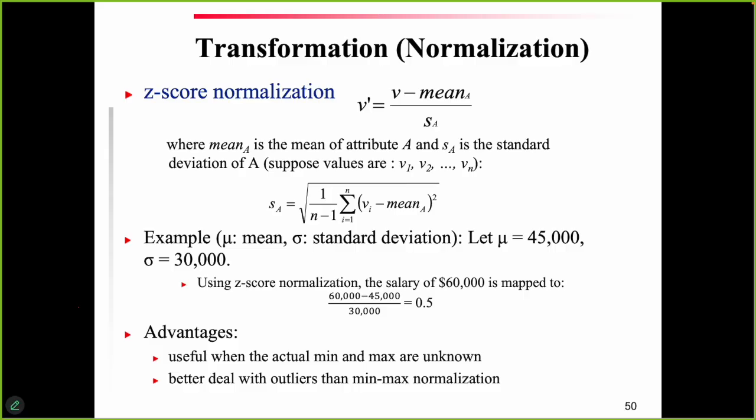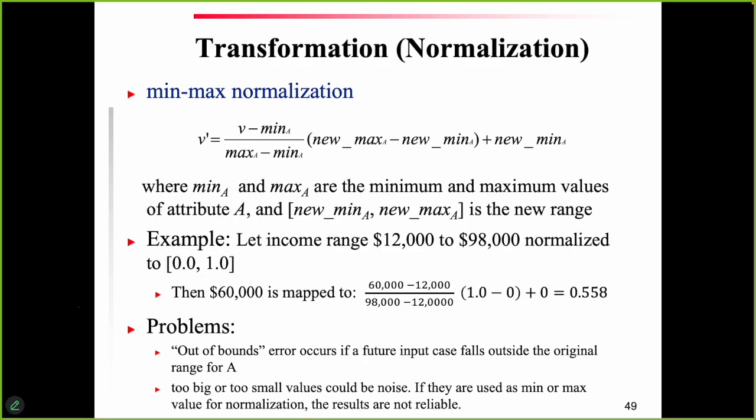For example, if I give you some salaries ranging from 12,000 to 98,000, such as 12,000, 15,000, 20,000, 50,000, 80,000, and 98,000, and I ask you to normalize 60,000 to this range, 0 to 1, then you have to use this formula.